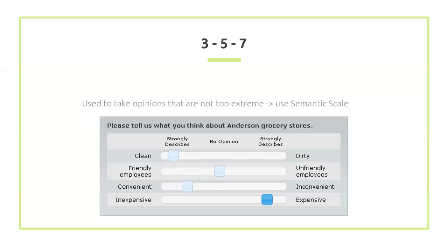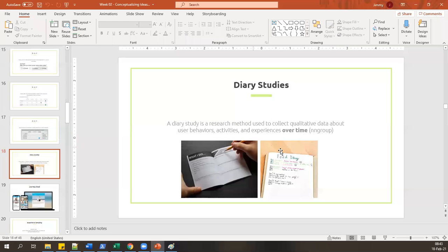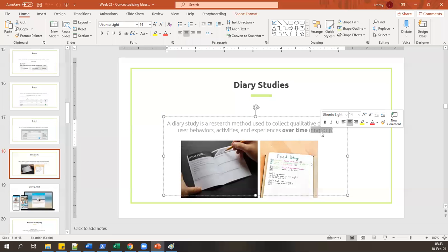Okay, that's questionnaires. Another method is called diary study. It's like asking our participants to record their activity over time. Okay, over time. So hang on, I think this is a typo over there.